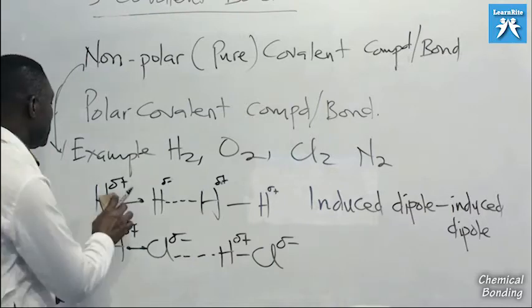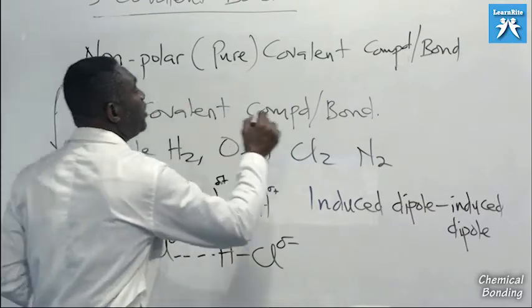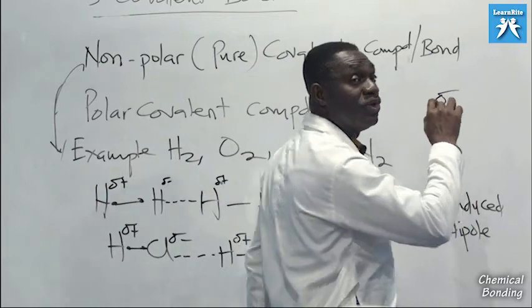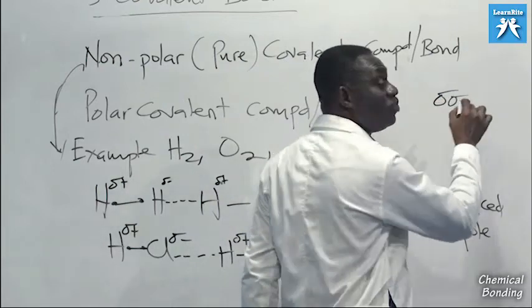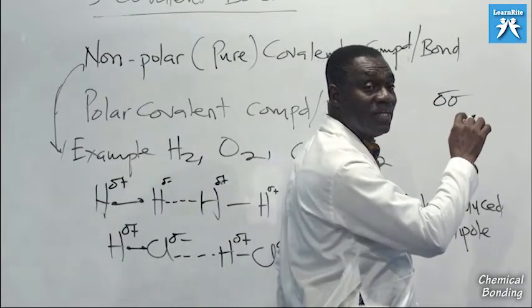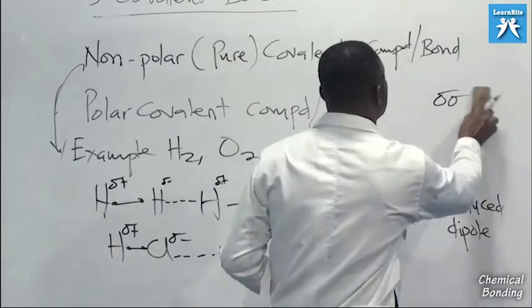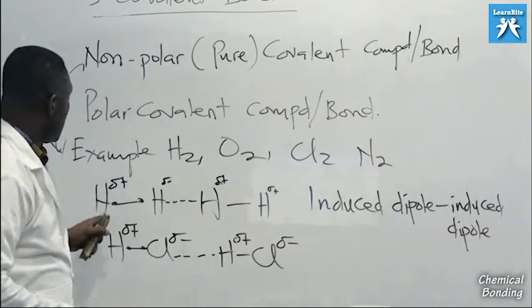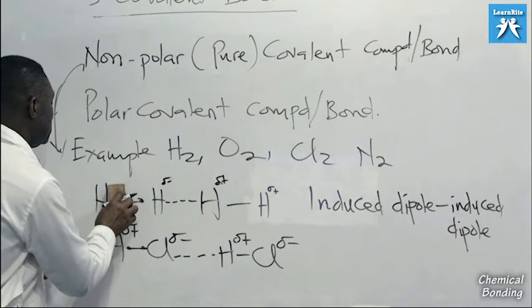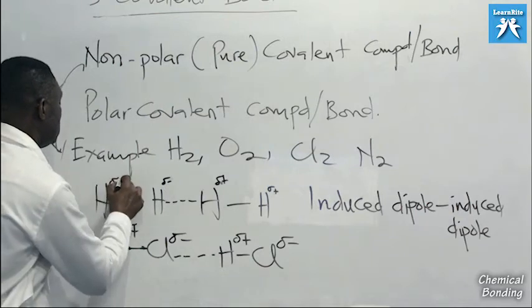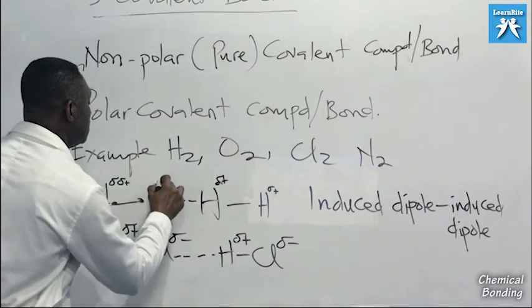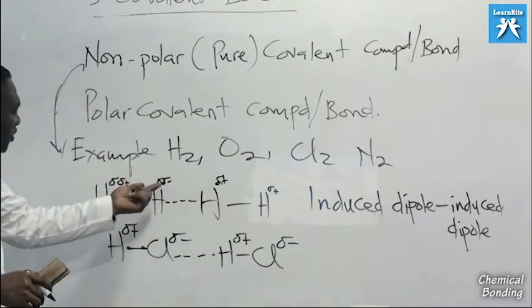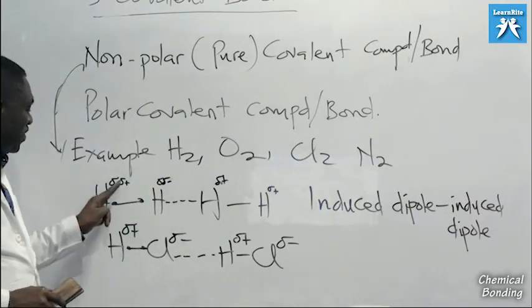In some books this symbol is used to indicate small. If I put two of it, then it means they are very small, smaller than the one with one. So here, when I put two of this positive, two of this negative, it means a very small negative charge there and a very small positive charge here.